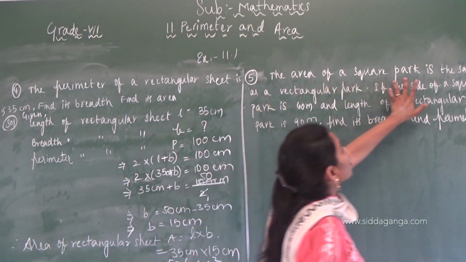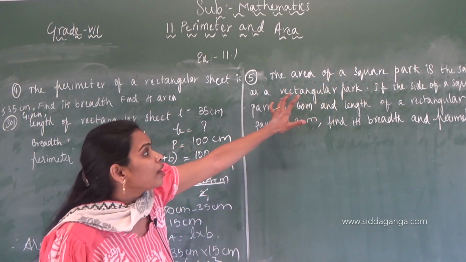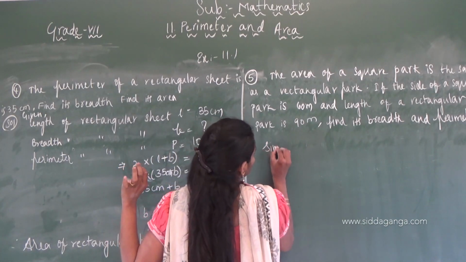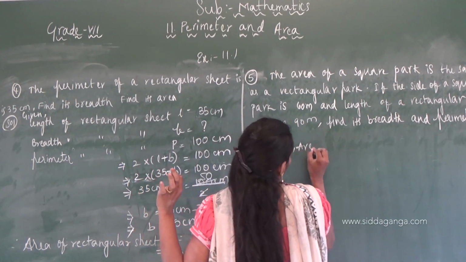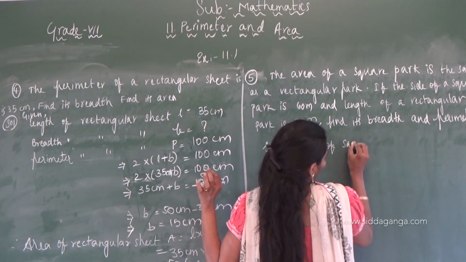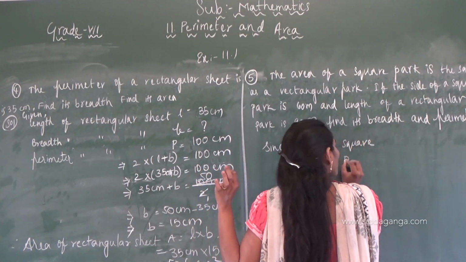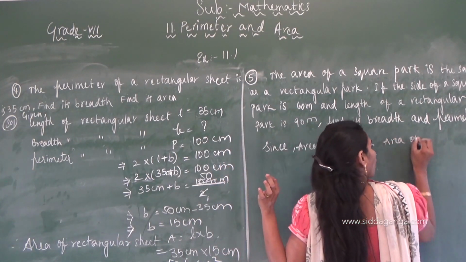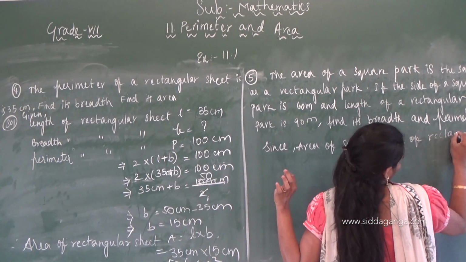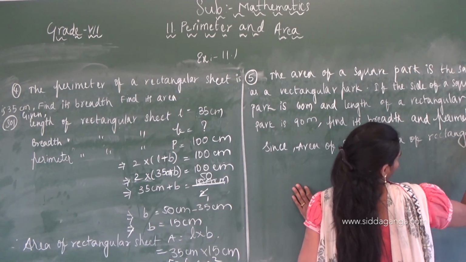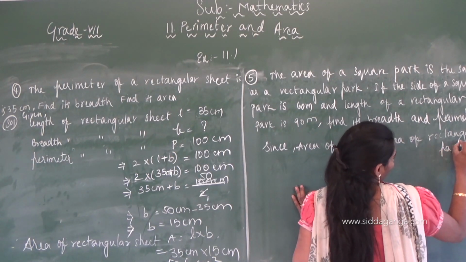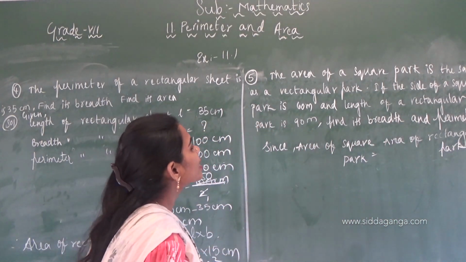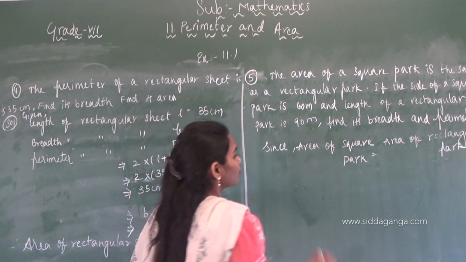Since the area of the square park is equal to the area of the rectangular park, what are the formulas?